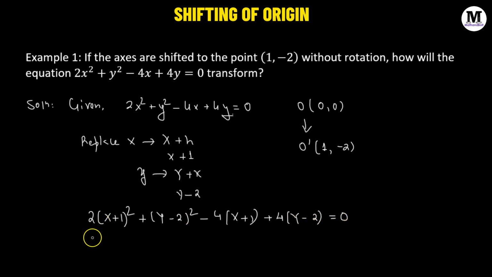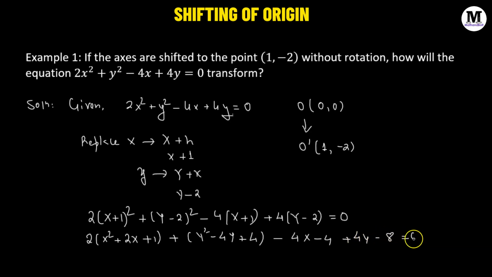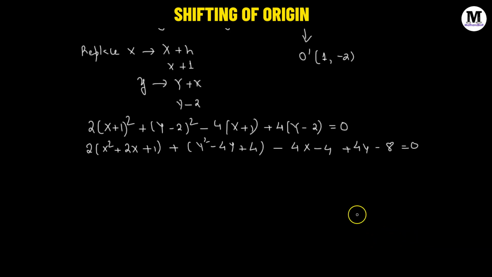Let's perform the calculation. We have 2 times X squared plus 2X plus 1, added to Y squared minus 4Y plus 4. We're expanding the terms: minus 4X minus 4 plus 4Y minus 8, equals 0. Let's further solve this.